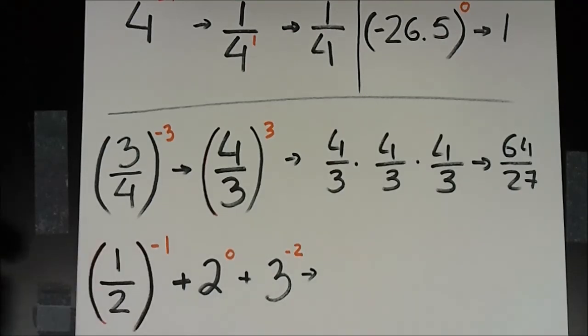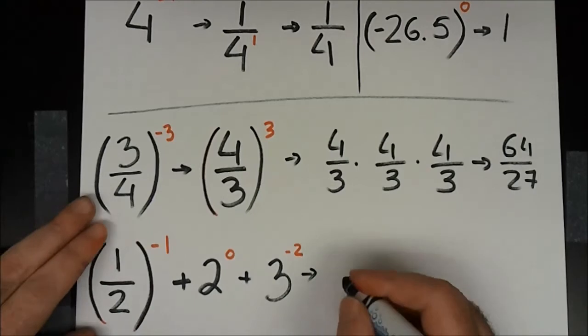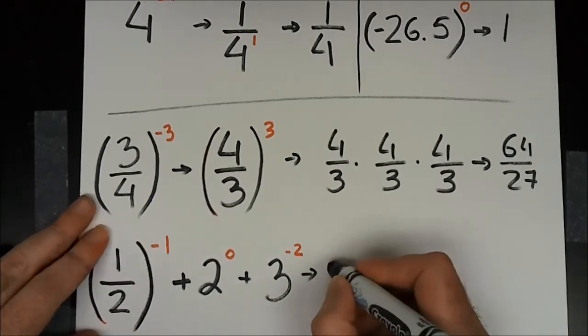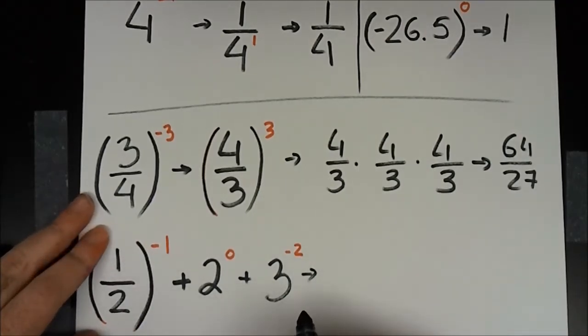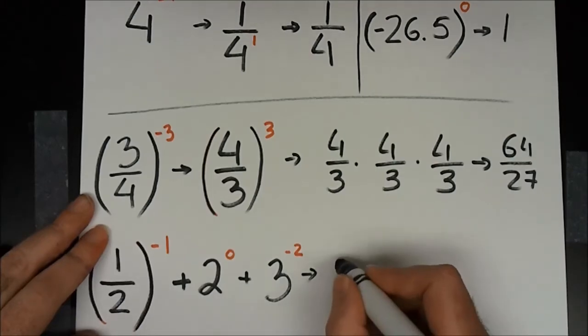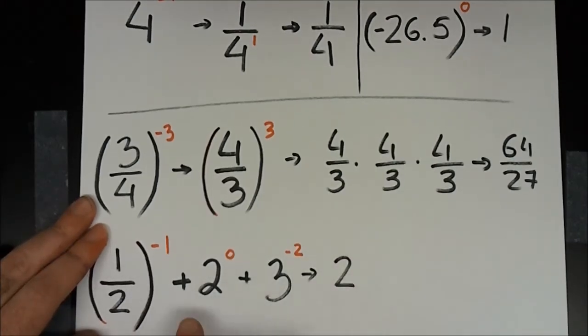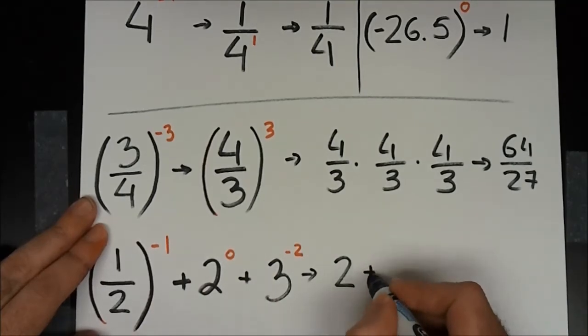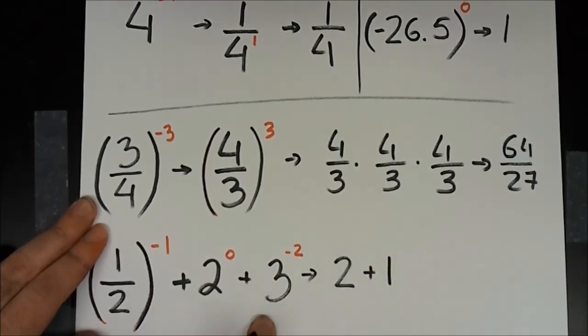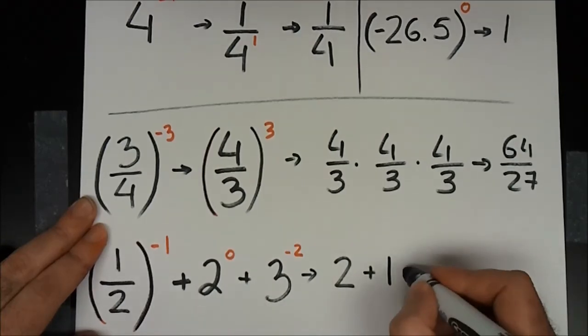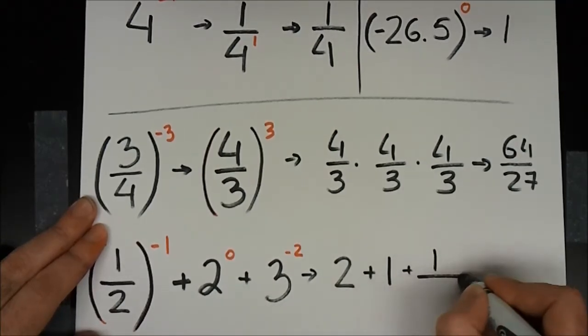Negative exponent, I have to flip, and since the exponent itself is 1, it's gone. I don't have to write it. And 1/2, the inverse of that is 2/1, or just 2. 2 to the 0 power is just 1. 3 to the negative 2 power, I got to flip first, and the exponent ends up down here.